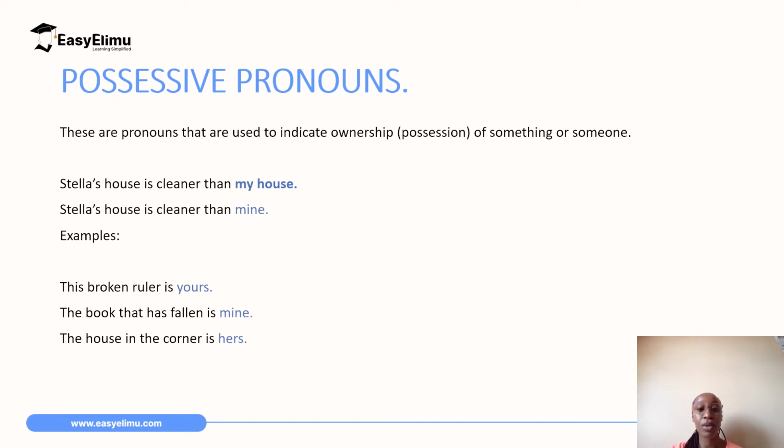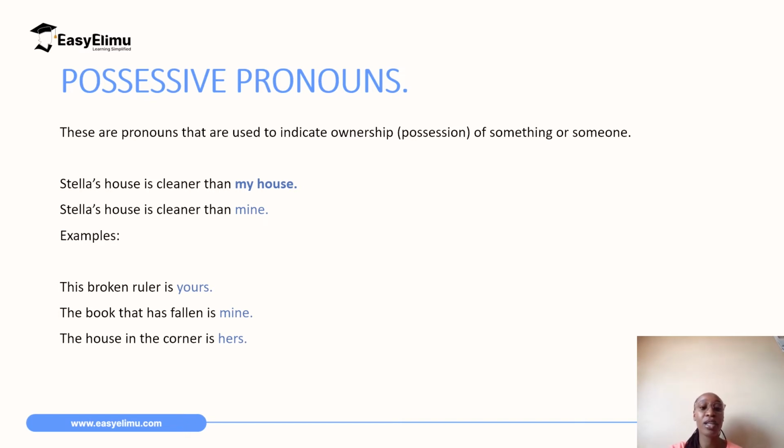For example, if you say Stella's house is cleaner than my house. To avoid repeating the noun house 2 times, you say Stella's house is cleaner than mine. Mine is a possessive pronoun. It shows ownership. I own the house. It is mine.